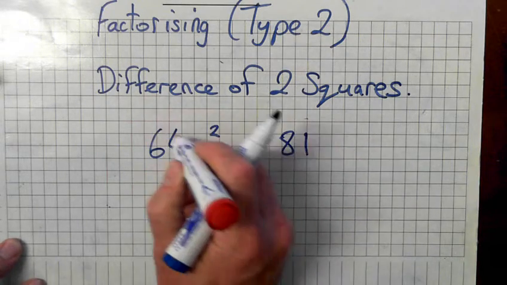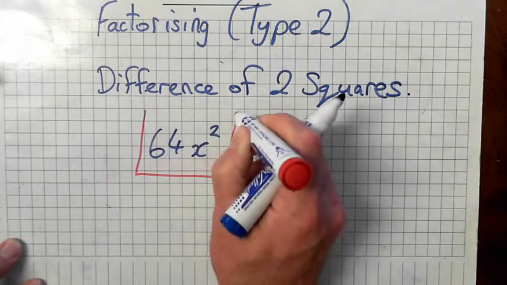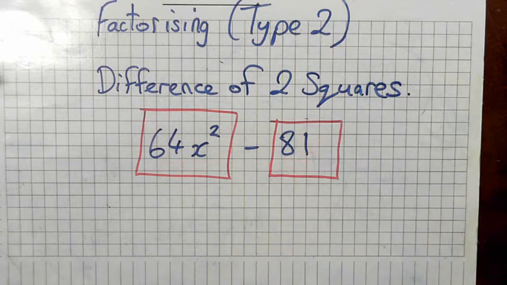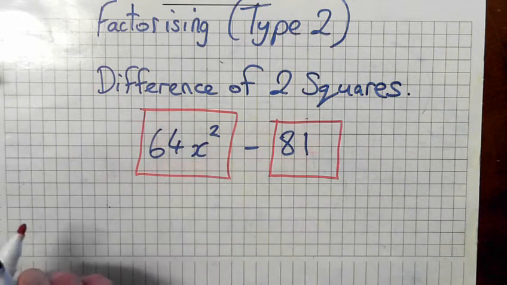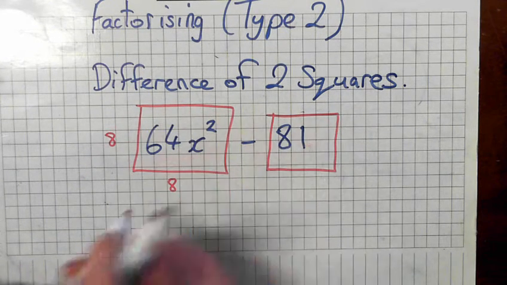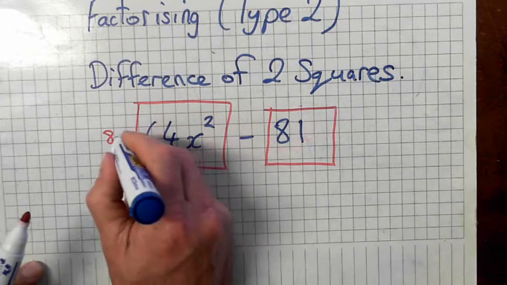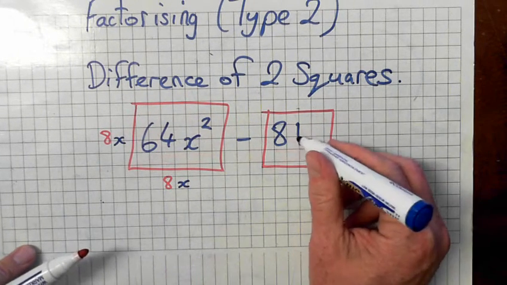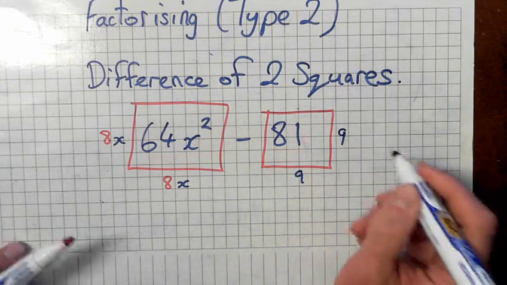Alright. So this is a square minus another square. Alright, first of all, 64 is 8 by 8. Now I have to deal with the x squared. X squared is x by x. Now we'll deal with the 81. 81 is 9 by 9.